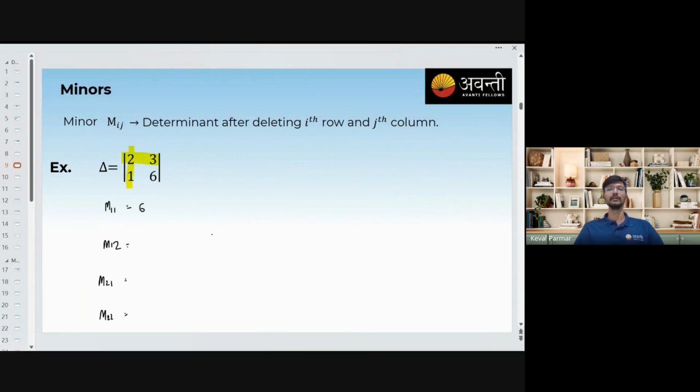That is the minor M12: first row, second column, 1. M21, 3. M22, 2. Delete the column and the row which is mentioned here, and we get our minor. So this is the definition: determinant after deleting. Obviously, determinant of 6 will be 6, only one element. That's why I wrote it directly.